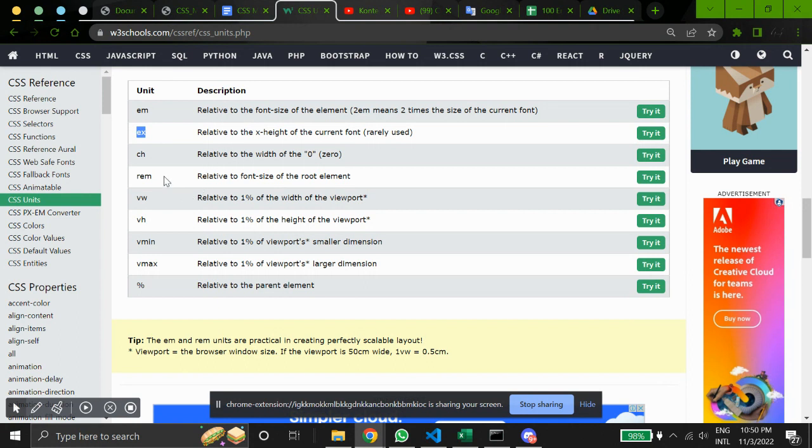Okay, also we have rem. The size of rem is relative to the font size of the root element.